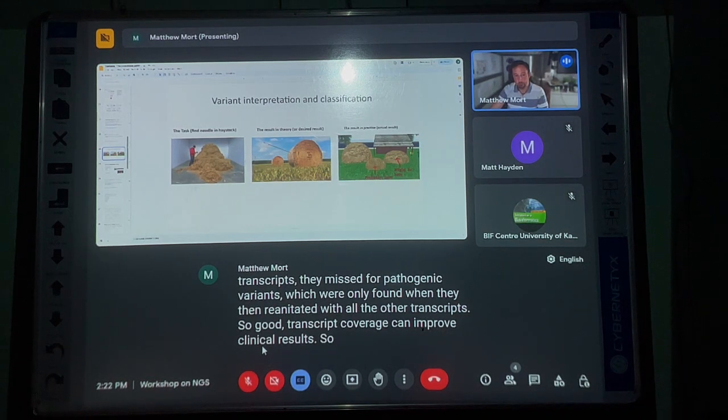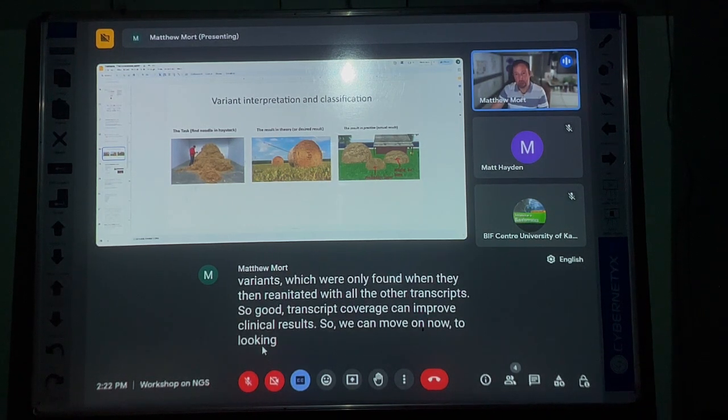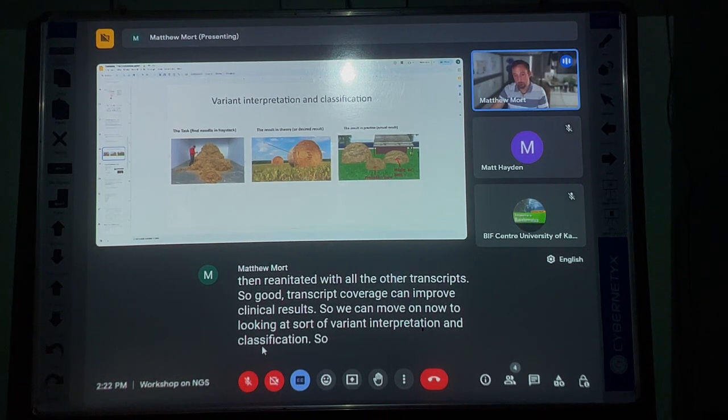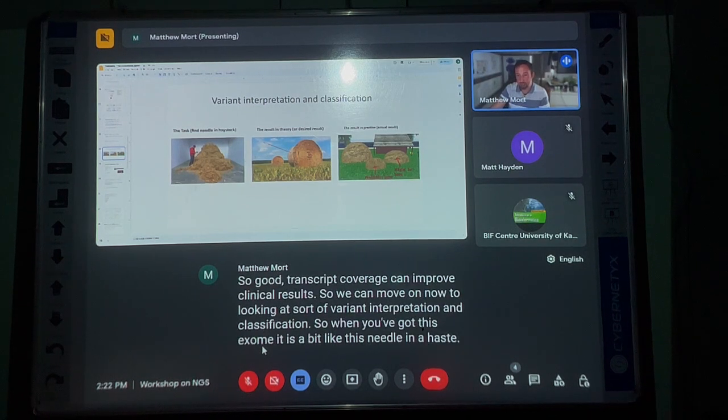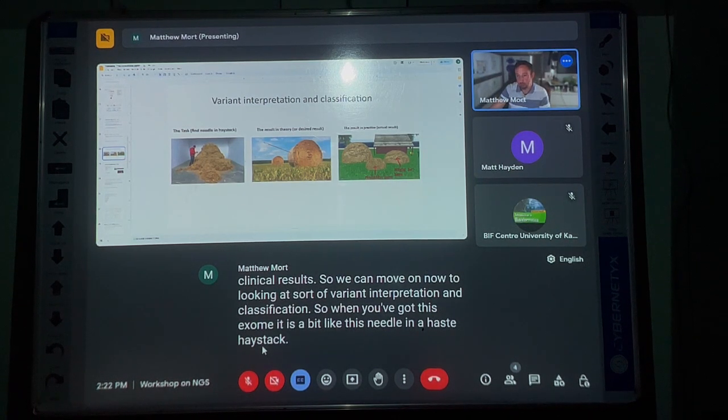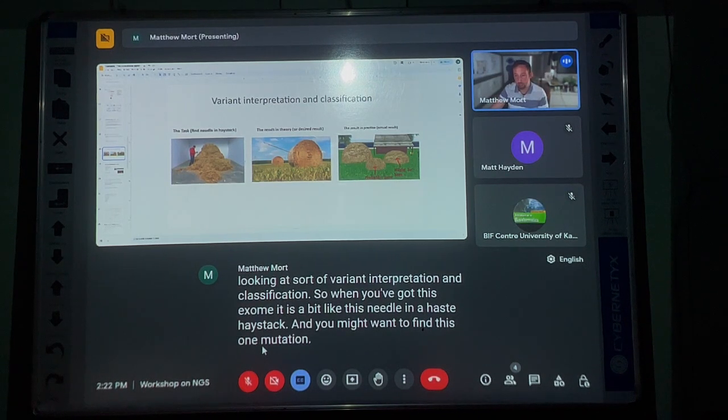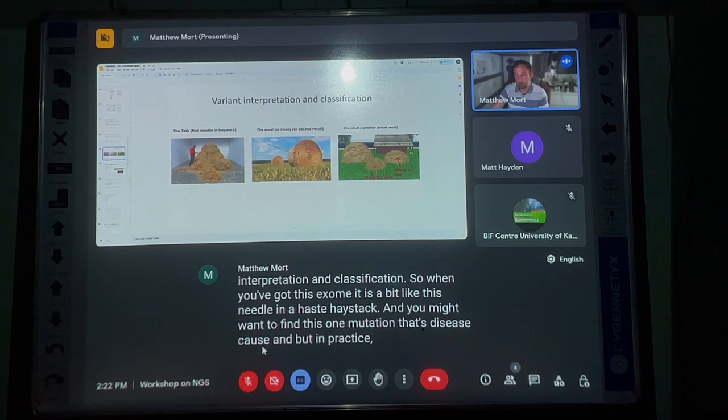So we're going to move on now to looking at variant interpretation and classification. When you've got this exome, it is a bit like a needle in a haystack, and you might want to find the one mutation that's disease causing. But in practice, you're looking at probabilities.